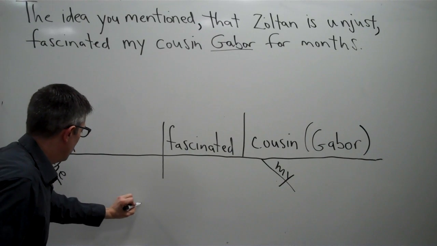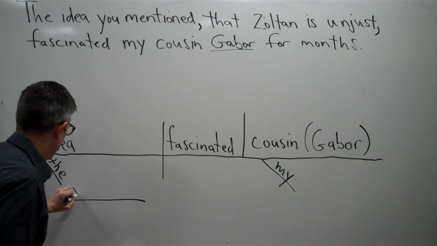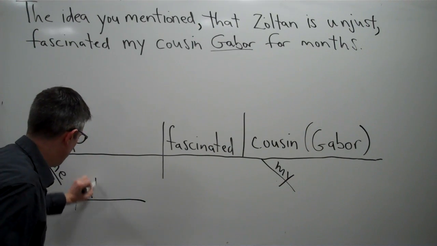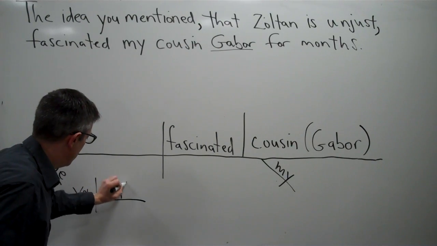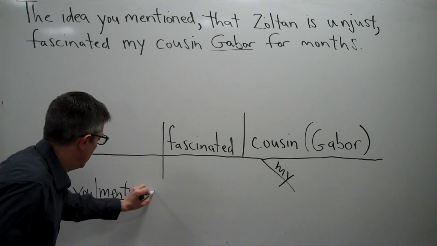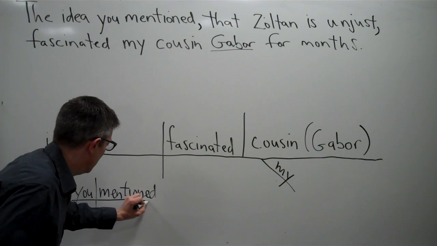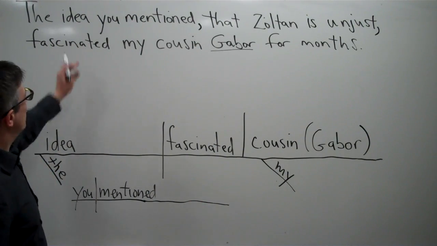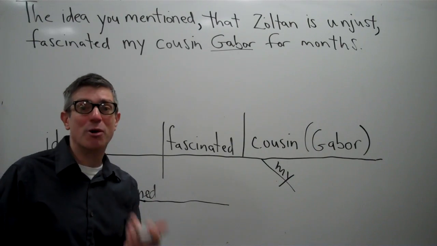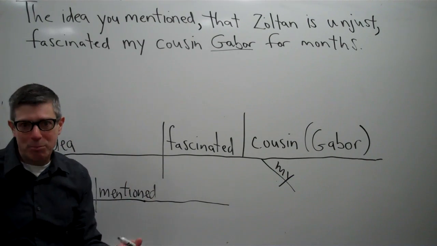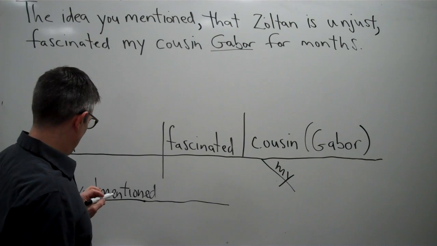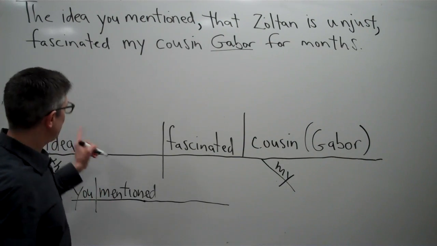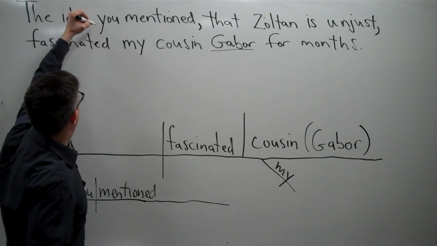The idea, we would need to have another baseline. You is the subject, and mentioned, I'm going to get a little traffic jam here. You mentioned, now what we're missing here is a relative pronoun because they can be dropped. And so, in fact, what we've got here is an invisible that.